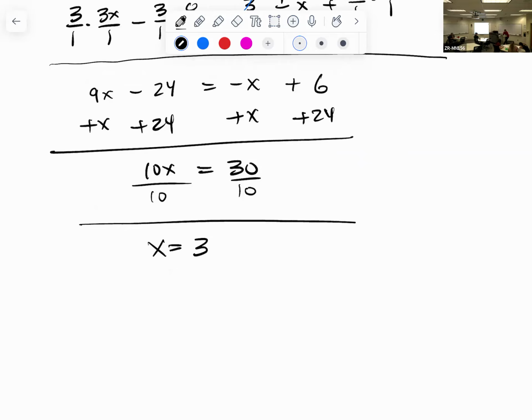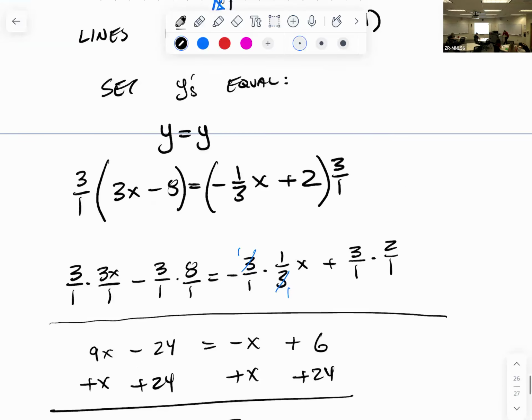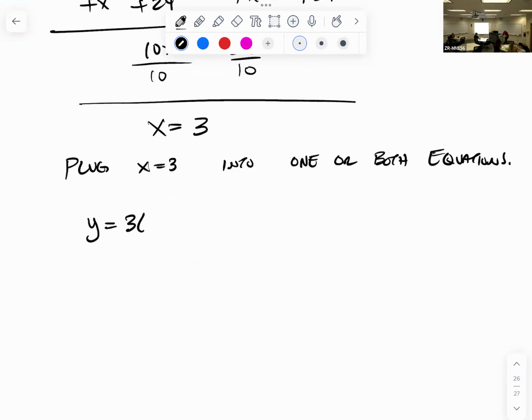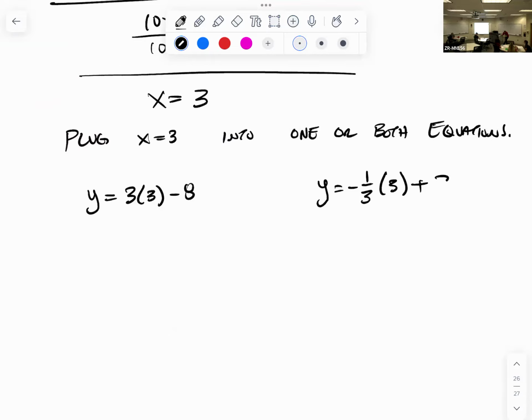x equals 3. And then plug x equals 3 into both equations. 9 minus 8 equals 1.